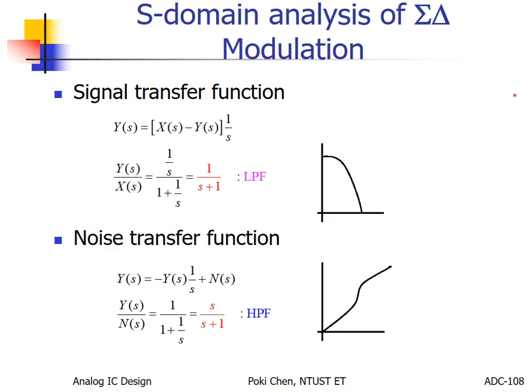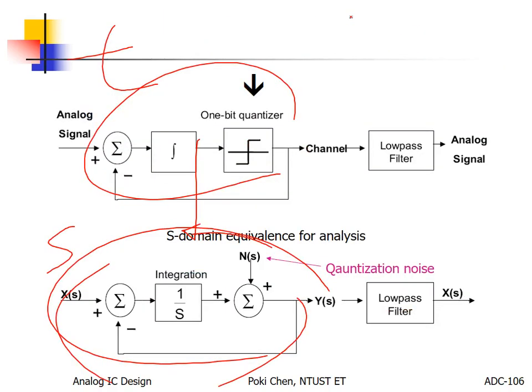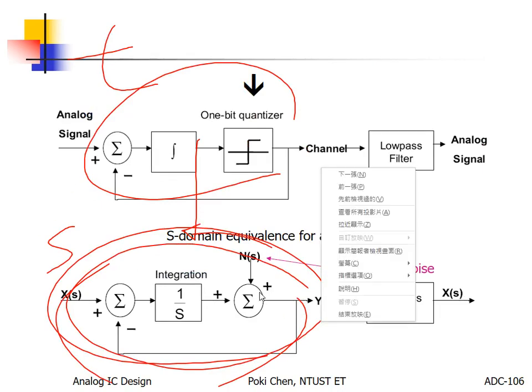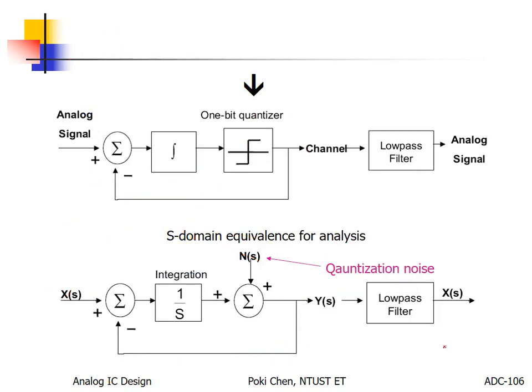Yeah, this is some kind of analysis. How to analyze it? I show you this. Piece of cake, right? You have the input, the output, and according to quantization, you have what? Quantization error, or the so-called quantization noise.